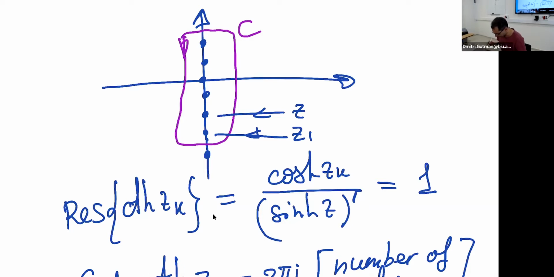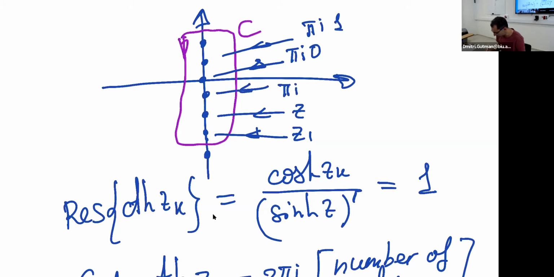How should I label them? These are multiples of pi i. So this is pi i times 0. This is pi i times 1. This is pi i times minus 1.